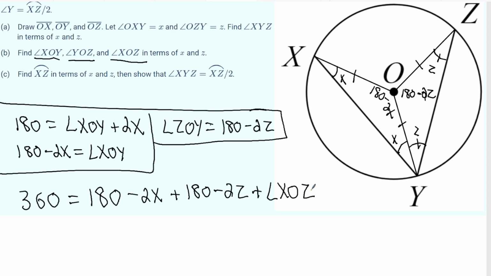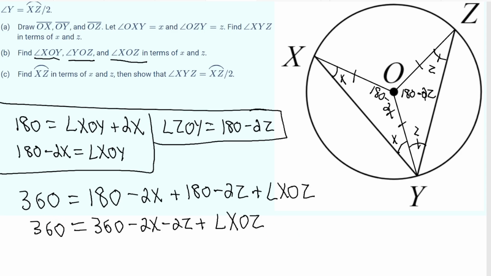Okay, from here, we can hopefully see 180 and 180 is 360. And we can combine that together, 360 minus 2x minus 2z plus angle XOZ. All that is equal to 360.